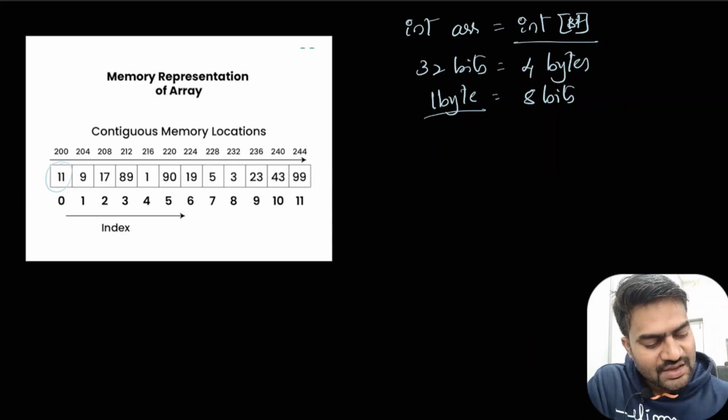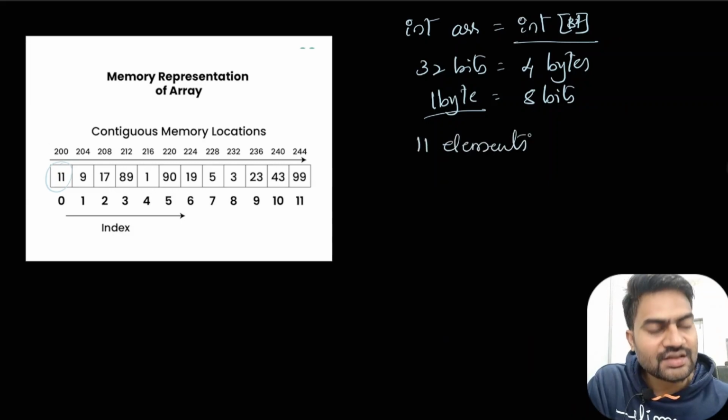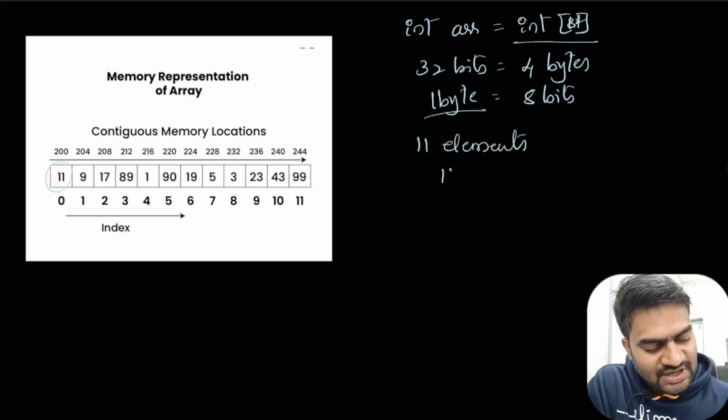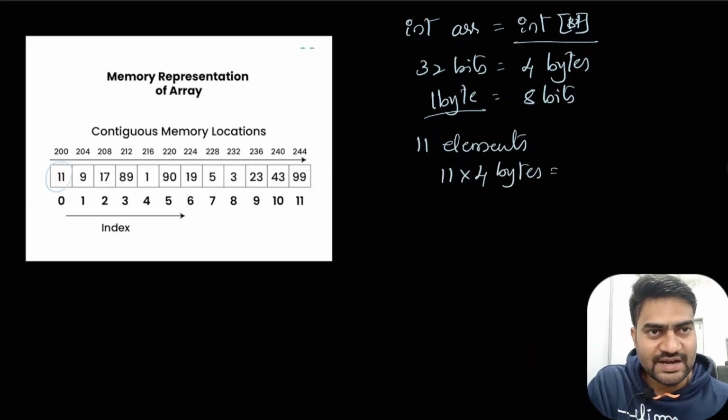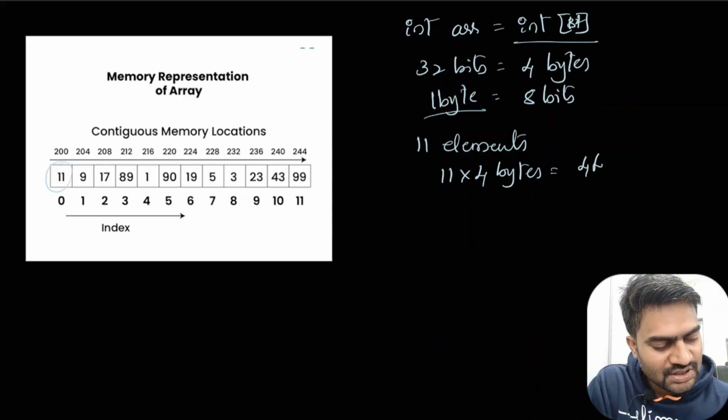Now I want to store 11 elements, and for each element I need 4 bytes. So the total bytes required to store 11 32-bit integer numbers is 44 bytes.